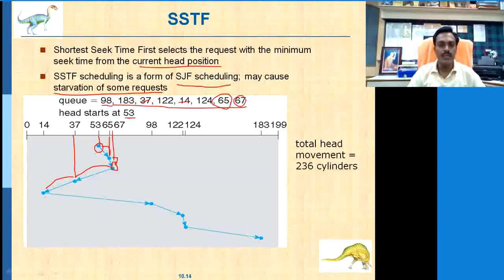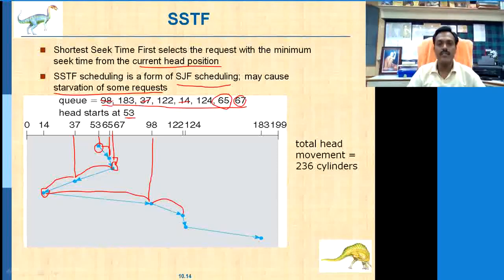Now you can observe here, from this 14th cylinder, the nearest cylinder amongst the remaining cylinders is 98. Now from this 98, it goes to 122.